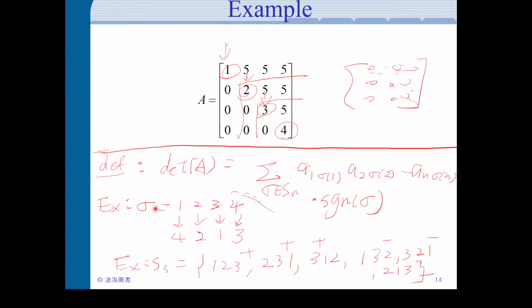So you have all possible orderings, and this product of A1 sigma 1, A2 sigma 2, up to A n sigma n together times the sign of sigma.